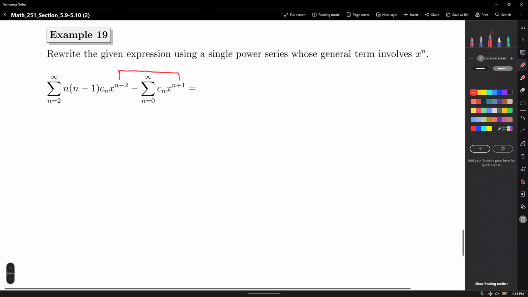Guys, between n minus 2 and n plus 1, how many units are they apart? 3 units apart, right? Okay, what would you do on the first series to match the power in the second series?